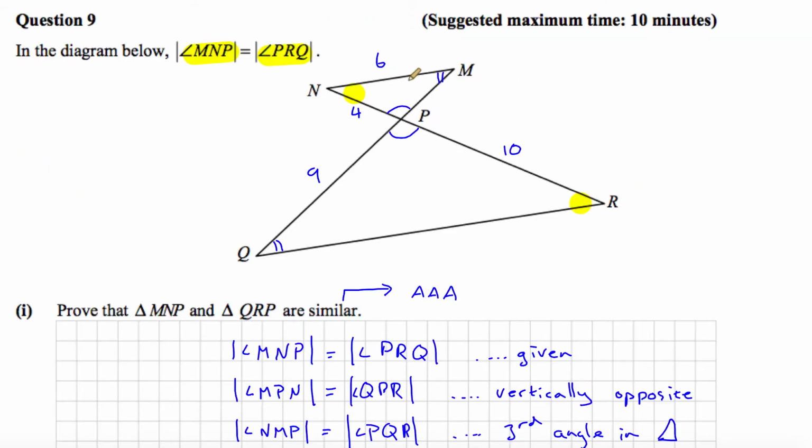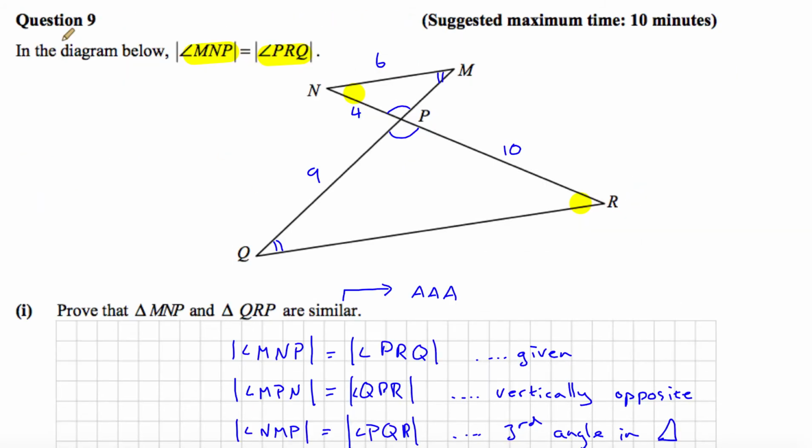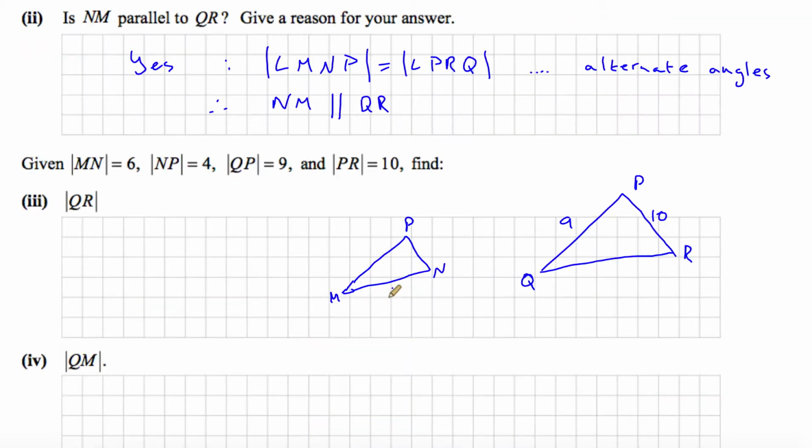And then I'm going to draw this triangle here as if I rotate it around. Imagine rotating it around so that it's MPN. It's the smaller one, rotate it around like this, draw it separately. The M and the N would switch sides when you rotate. And when we do that, we can see that MN was 6 and NP was 4. So there we go. We have the two similar triangles, like so.